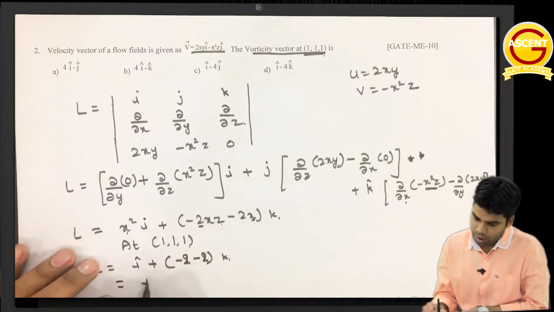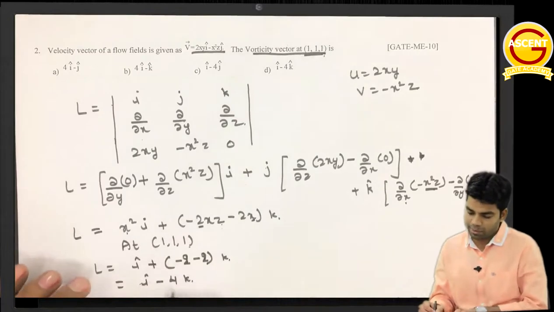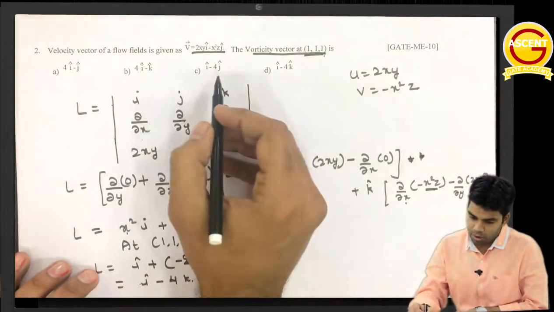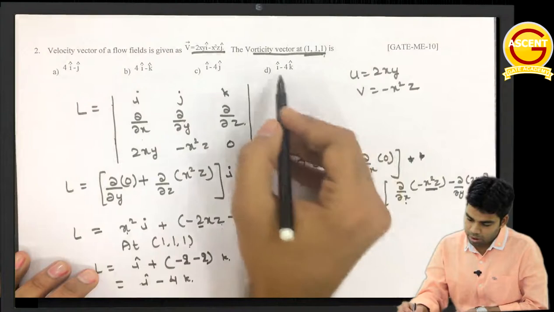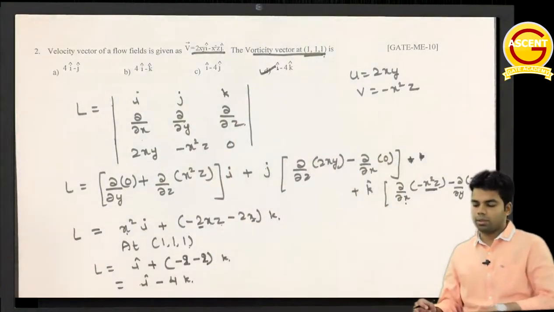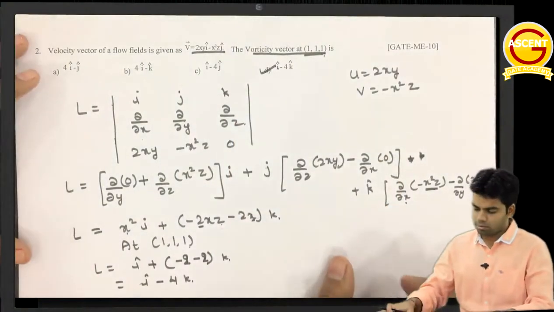So this will be equal to i minus 4k. So the answer will be i cap minus 4k cap. So the answer should be D. Clear or not? Very simple to determine.